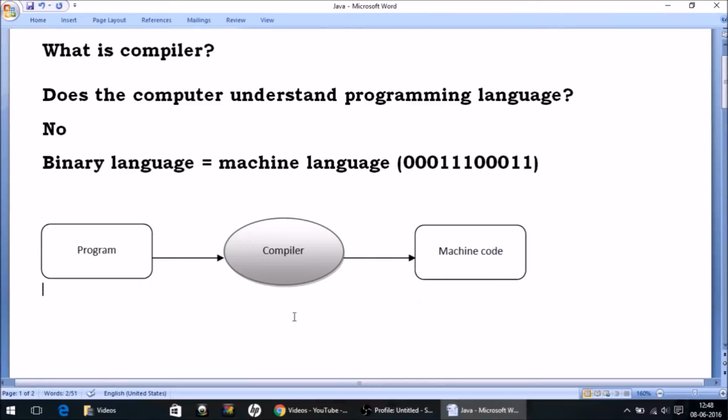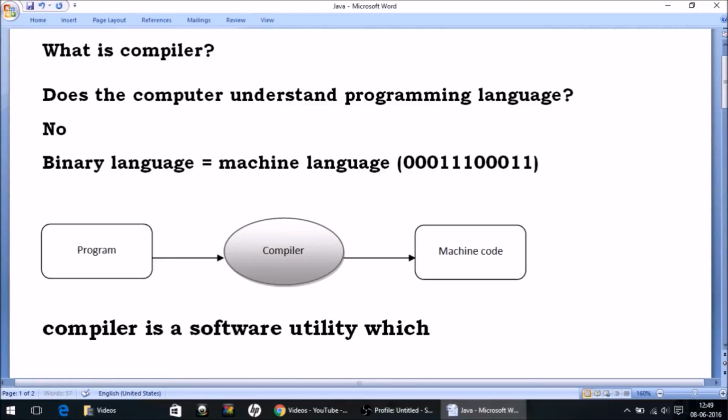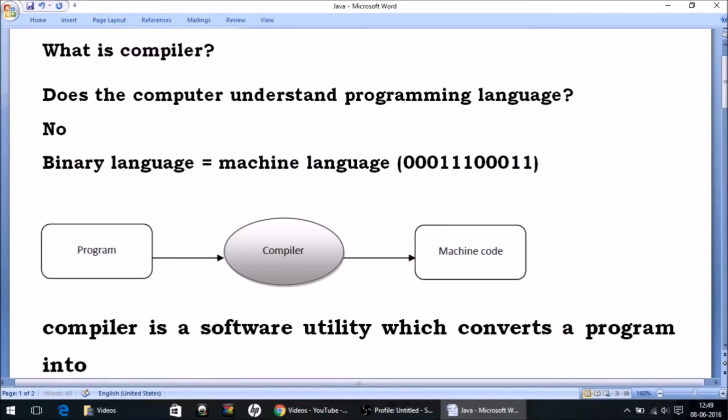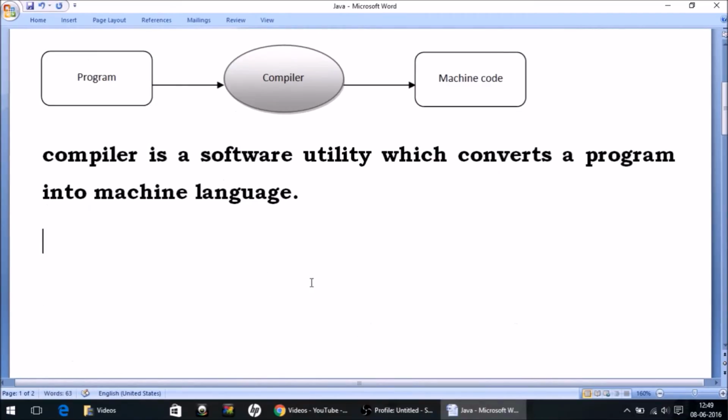And the thing that does this job is called compiler. So how should we define this term compiler? Compiler is a software utility which converts program into machine language. This is the definition of the compiler.